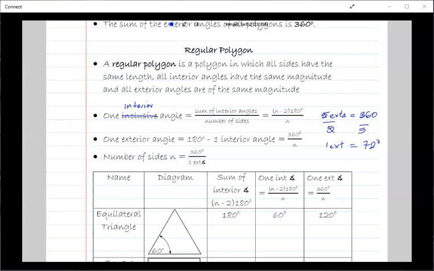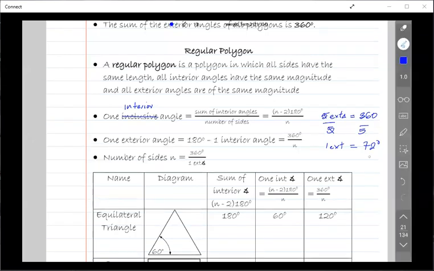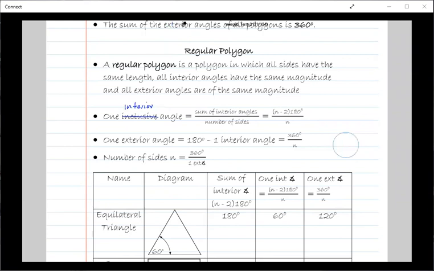Lastly, the number of sides would be equal to 360 degrees divided by one exterior angle. Remember, a while ago, this is what we said: n multiplied by the exterior angle is equal to what? 360 degrees. That's what we said, didn't we? Yes, sir.